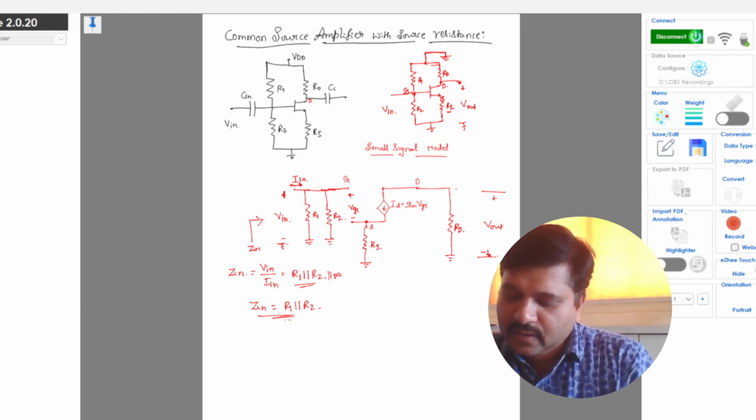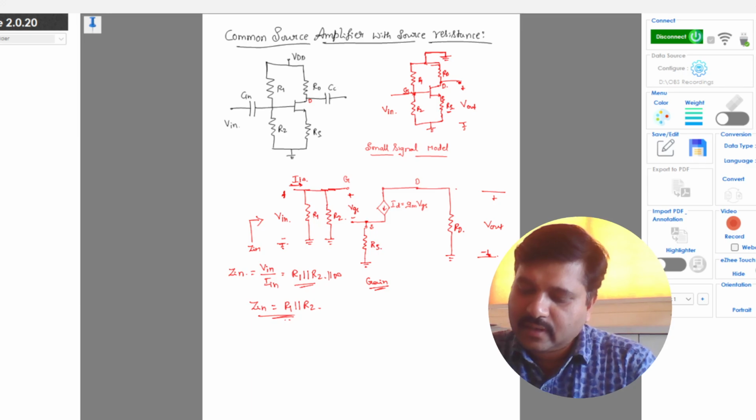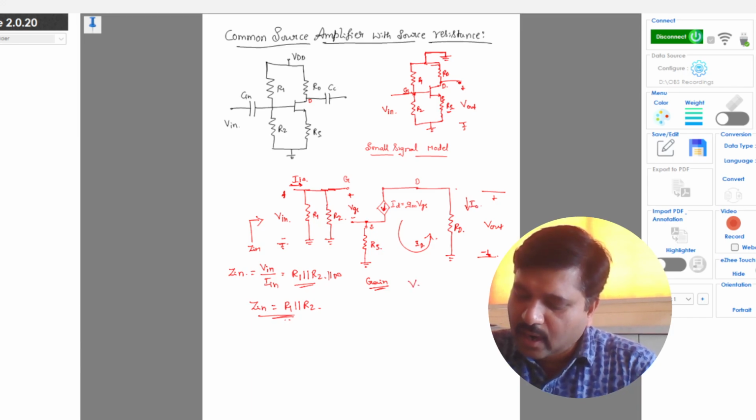So similarly, to find the gain, here we have the current flowing in this direction. This is the direction of the output current ID, which is opposite to that of I0. So my output voltage V0 is equal to I0 into RD, the voltage across the resistance RD.